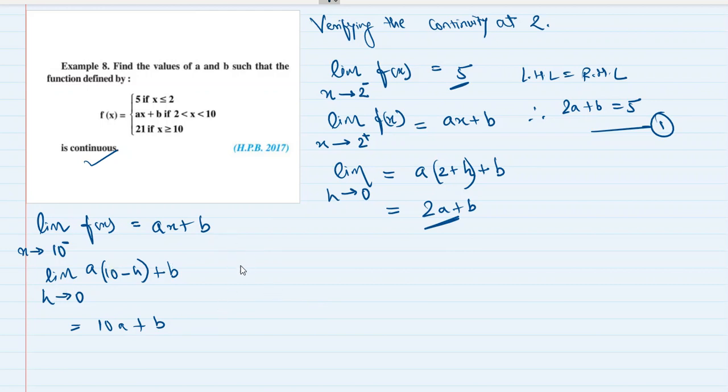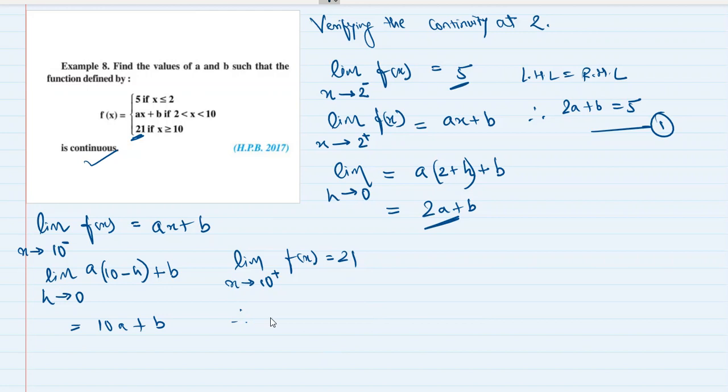Now we'll find the RHL. So limit x tends to 10 plus of f of x. We are approaching from the right hand side of 10, where the value of x is of course greater than 10, and the value of this function when x is greater than 10 is 21. So we'll directly write 21 over here.